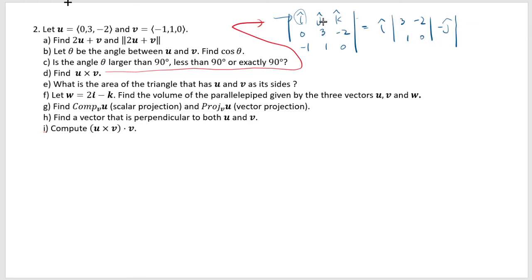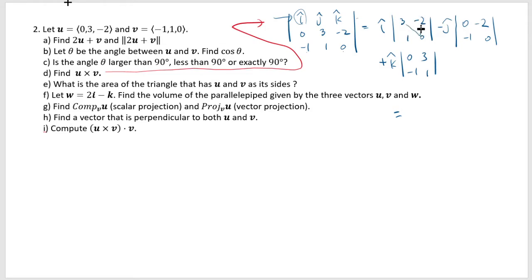Okay, so what about J? If you delete the row and column of J, then you get 0, -2, -1, 0. And then plus K, deleting the row and the column containing K gives you 0, 3, -1, 1. For I, 3 times 0 is 0, -2 times 1 is -2, but you're subtracting this.